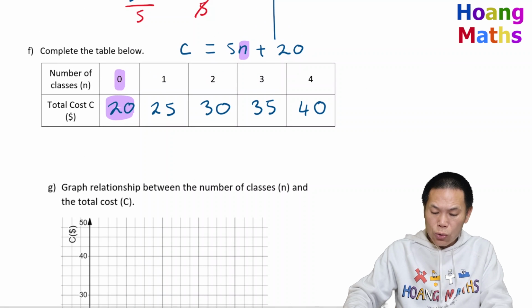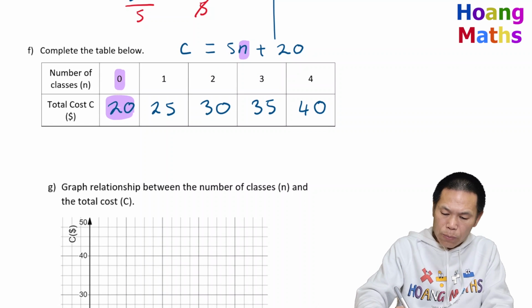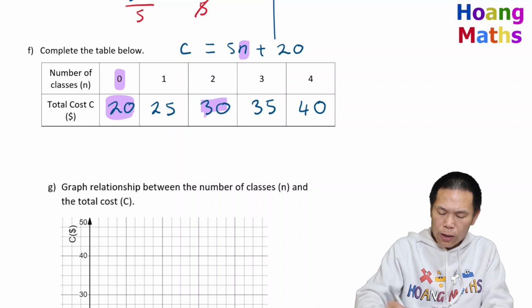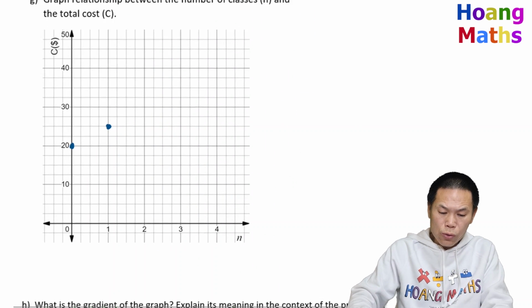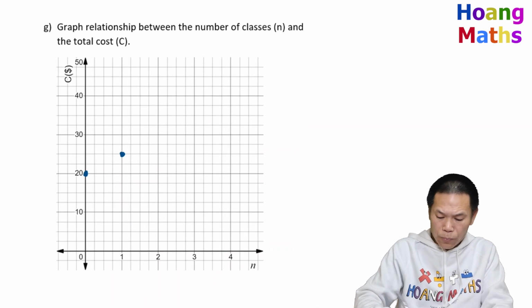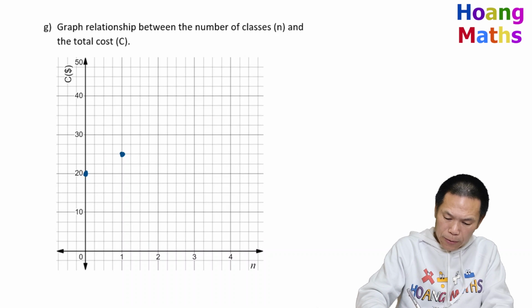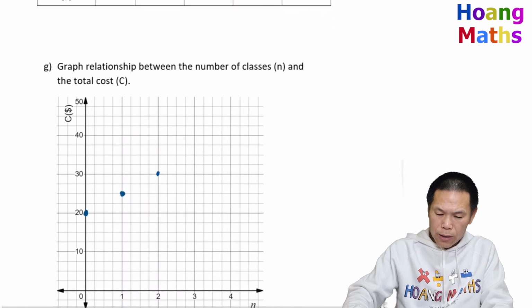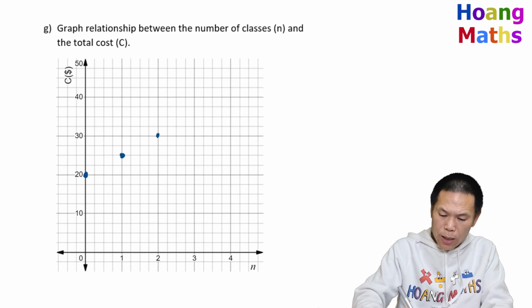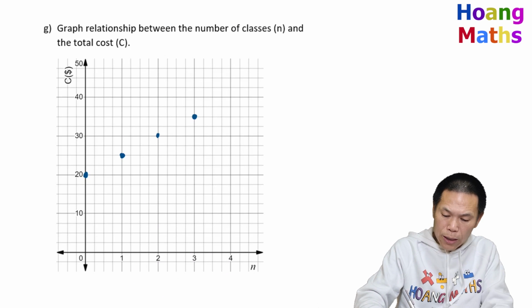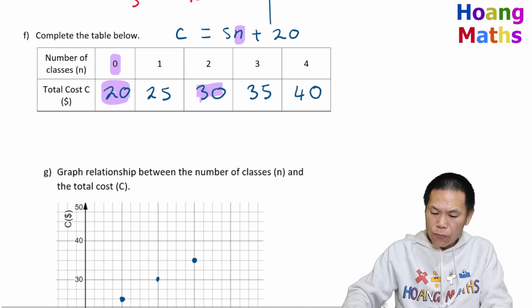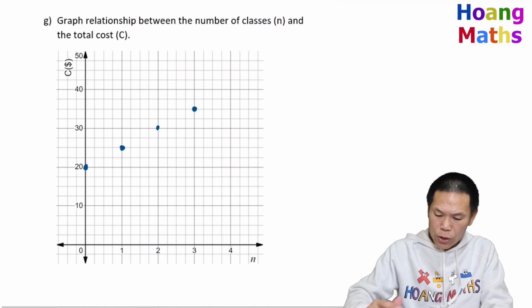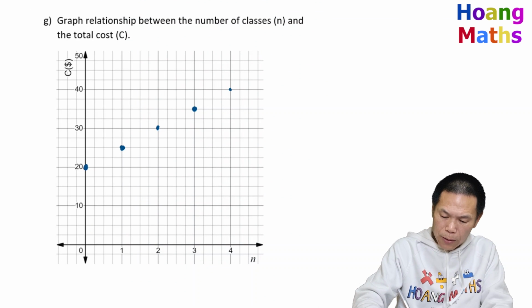When she attends 2 classes, she has to pay $30. So we go across 2 from origin and up 30. So there you go. And when N is 3, C is 35. So 3, 35. Halfway here. And then when N is 4, C is 40 here.